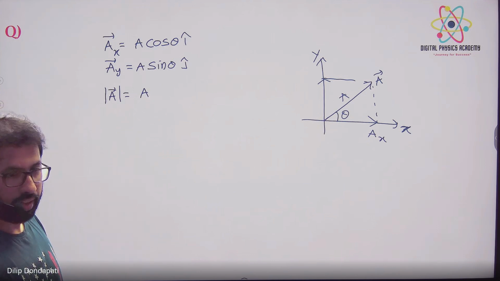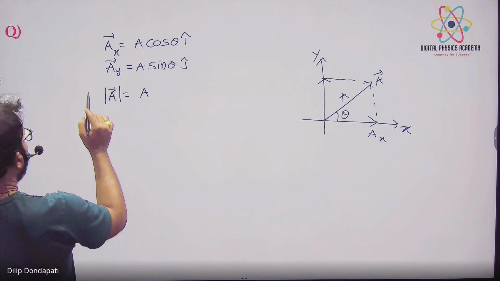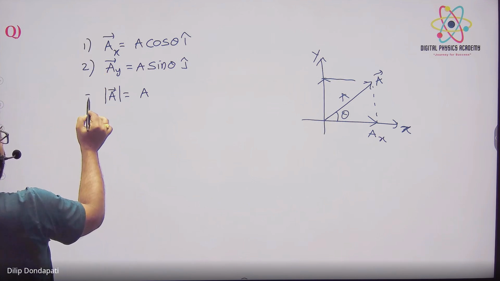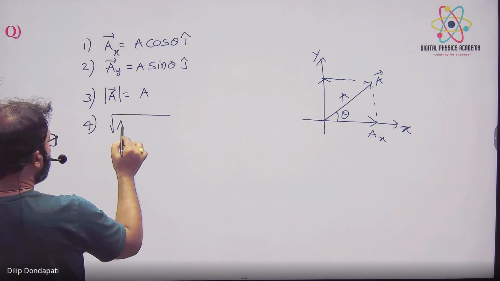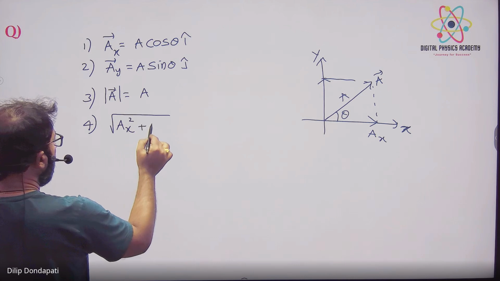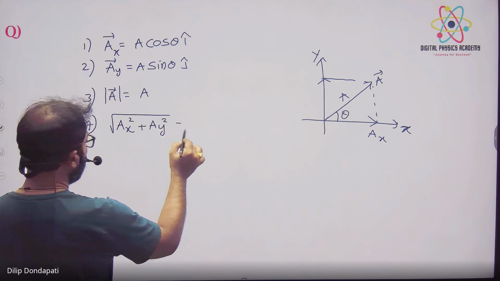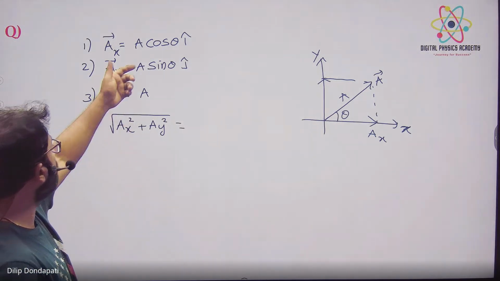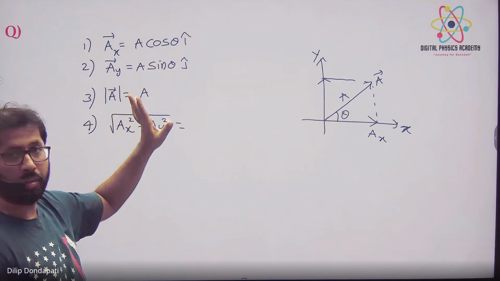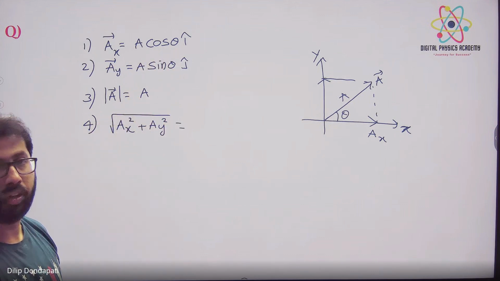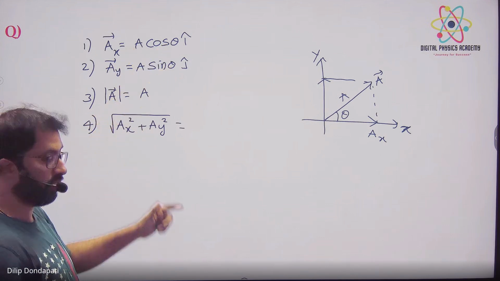Right? एक बार A find करो. Under root AX square plus AY square. Find करो कितना आएगा आंसर. AX is given to you, AY is given to you. Magnitude means don't take I cap, J cap. Okay, just substitute the value and tell us.